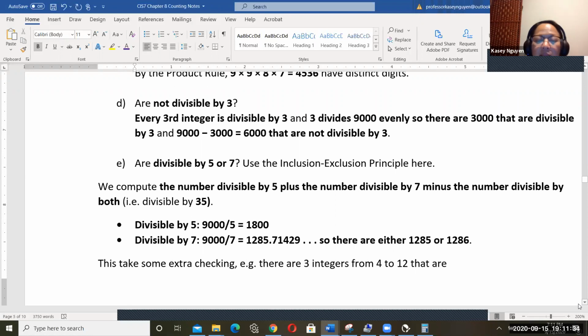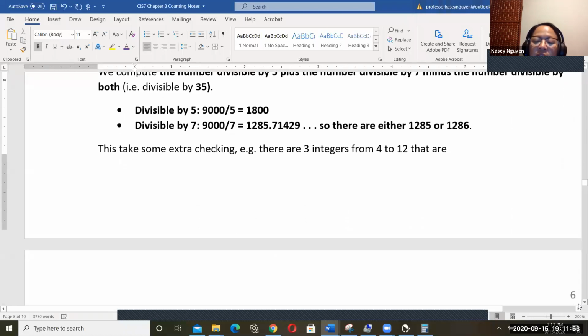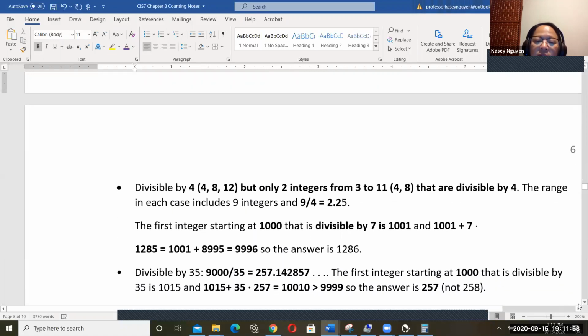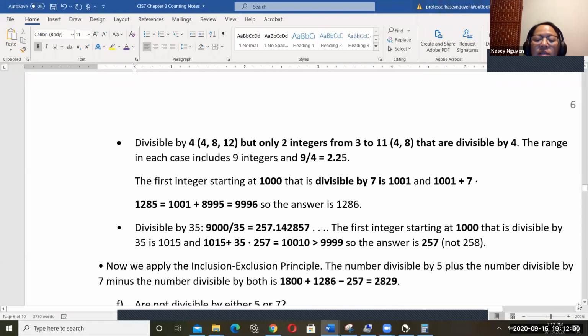So you will get various parts of final exam questions that would include the inclusion-exclusion principle from counting, and we would also reapply this in the next couple of chapters, so you will see it again, right? And that started with last chapter when we talked about sets. So this example can expand a lot further, as you can see, divisible by 4, 8, 12.